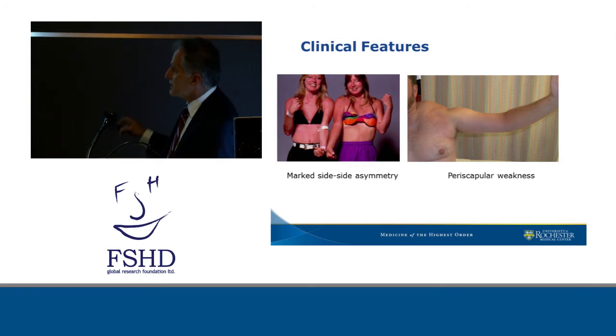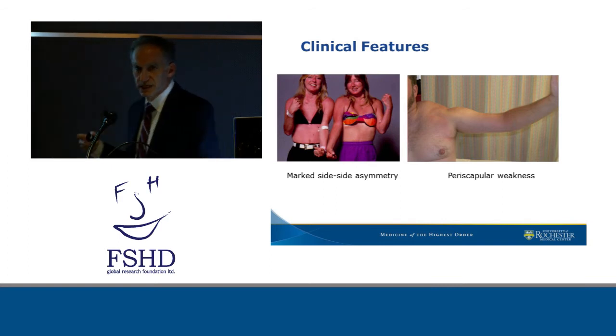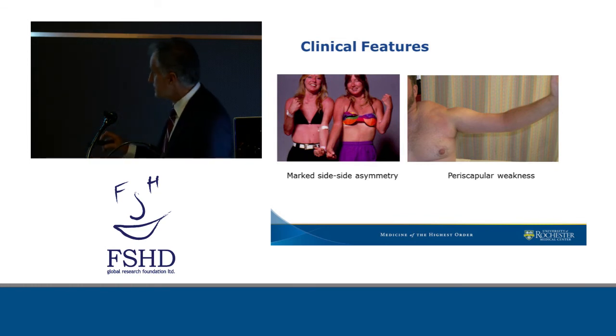One of the things that I often do in clinic is try to see how much improvement you can get by fixing the scapula, because that gives me an idea about how much gain somebody with FSH can get with scapular fixation. And this is the patient here trying to lift their arms up sideways, and this is about as high as they can make it.